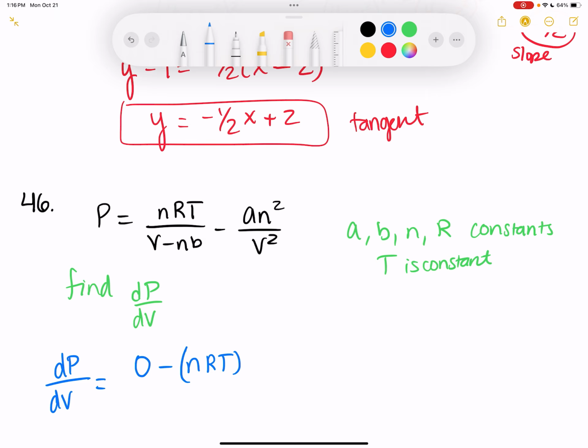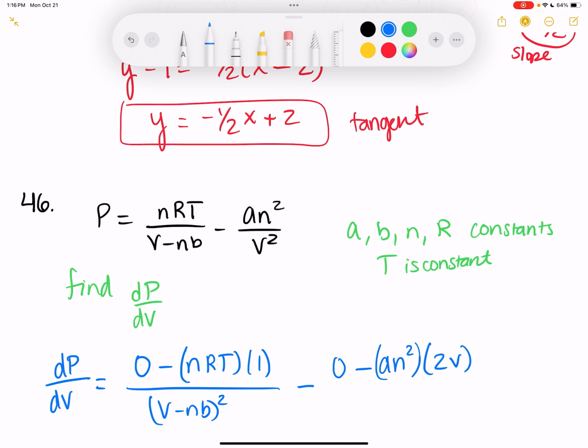Oh. 1. So I put that in front. 1. Take away 1 from the exponent. So then that's 0. So it'd just be 1. Yeah. So times 1 over the bottom squared. So V minus NB squared, minus derivative of the top, minus top AN squared times the derivative of the bottom, 2V, all over V squared squared.